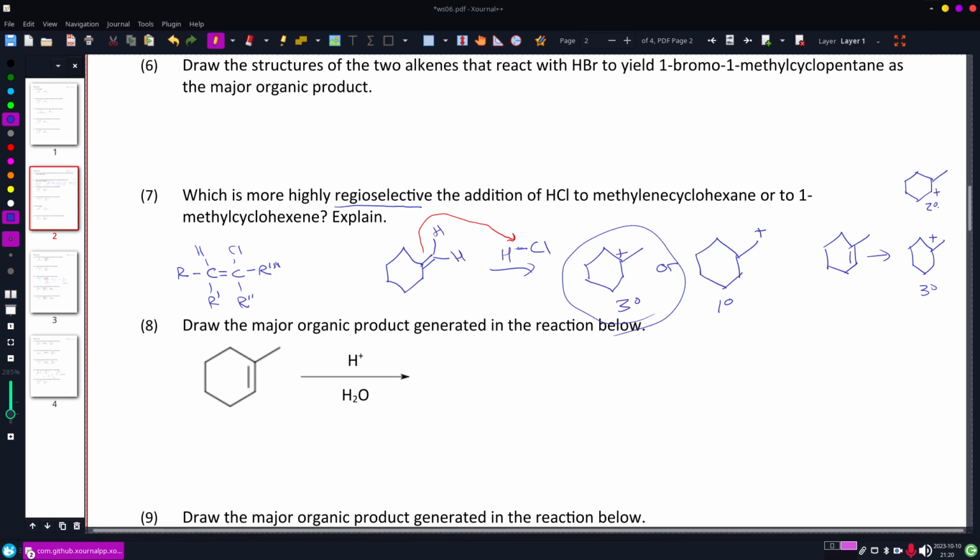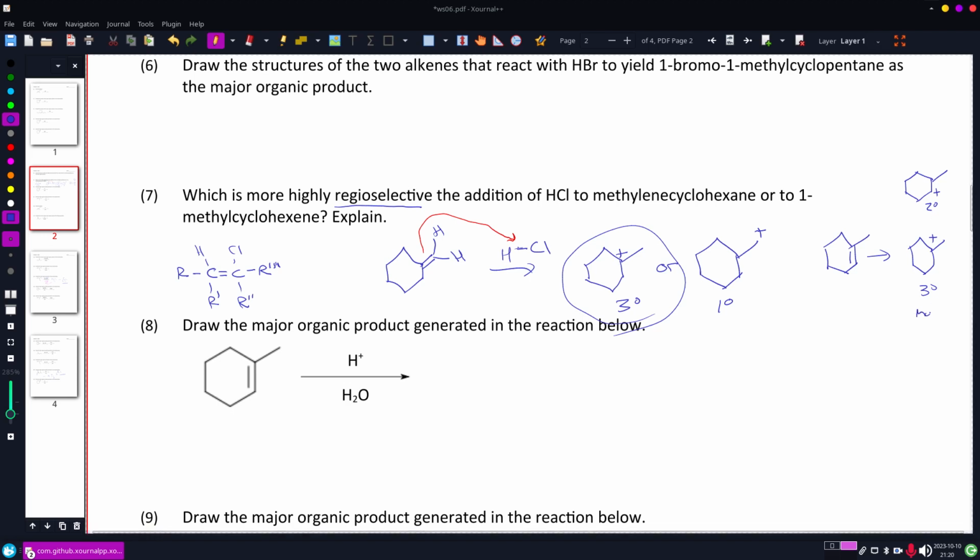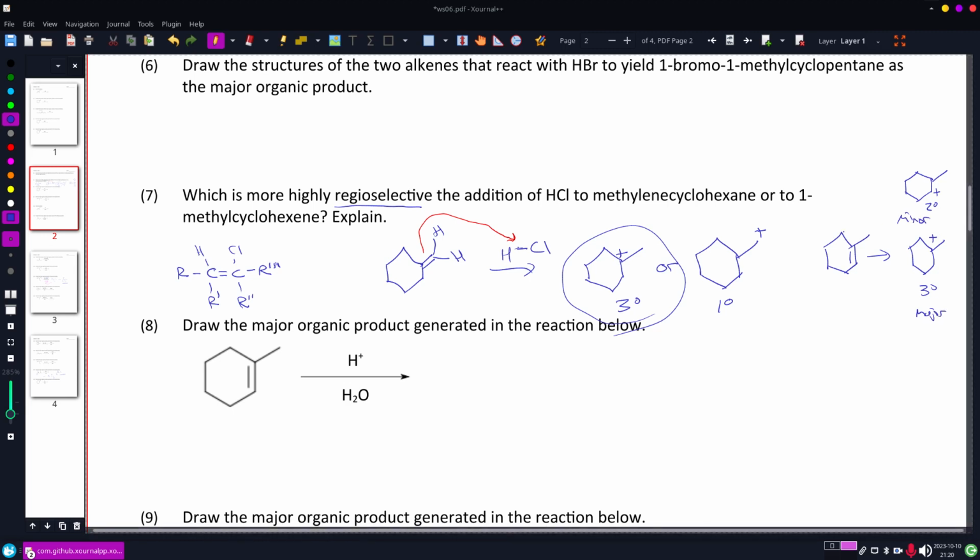And since those are both reasonably stable, we would get products based on those. So we'd have a major and a minor product from those two cations. Yet over here, we wouldn't get that at all. So most regioselective is definitely the methylene cyclohexane, because it gives you carbocations that either would be tertiary or primary, and you can pretty much disregard the primary.